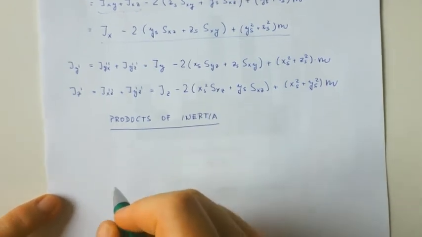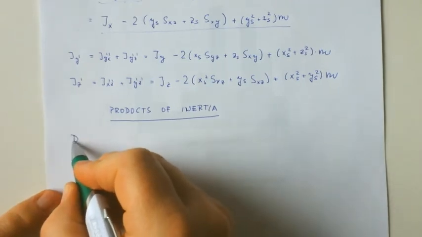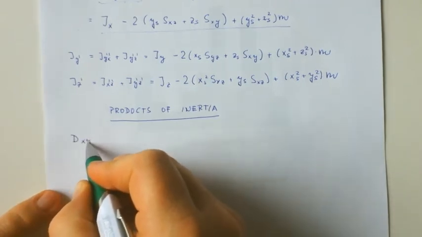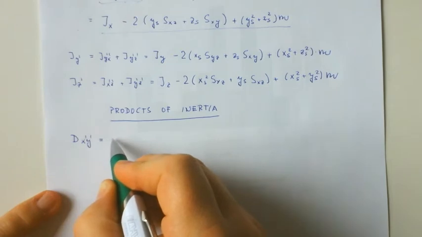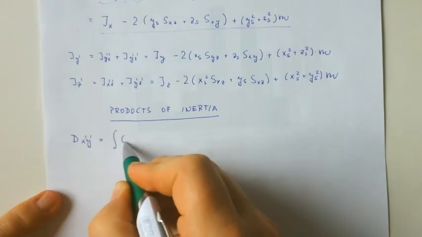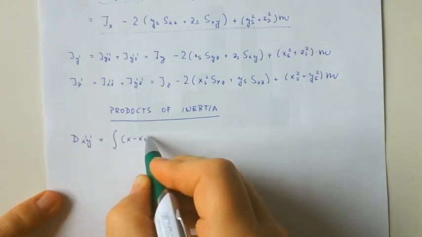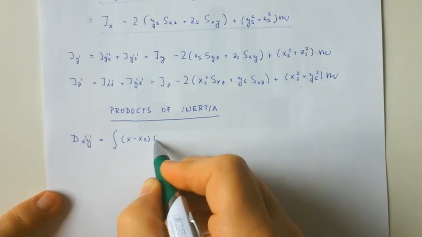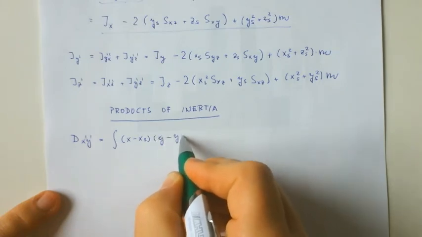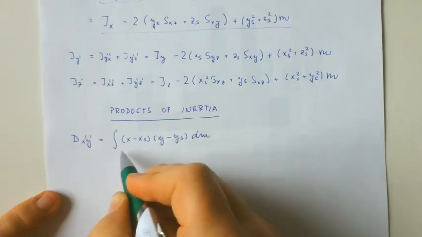it's very similar. We can say that Dxy for the new coordinate system is given by integral of x minus xs by y minus ys dm over all m.